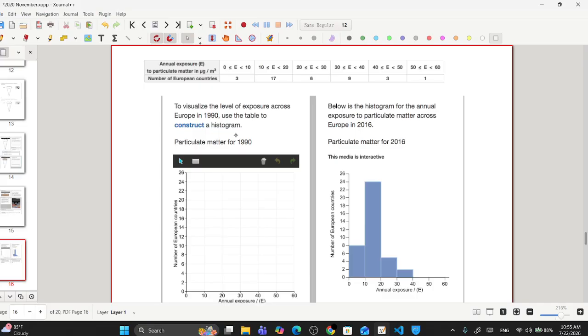Then 17 countries were from the range of 10 to 20. So 17 lies somewhere here, right? 6 countries lie from the range of 20 to 30.